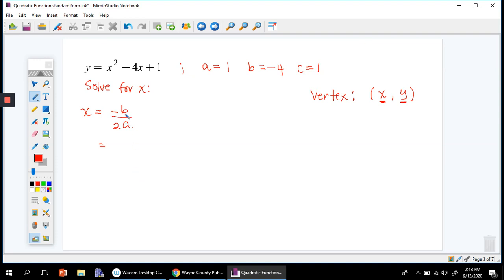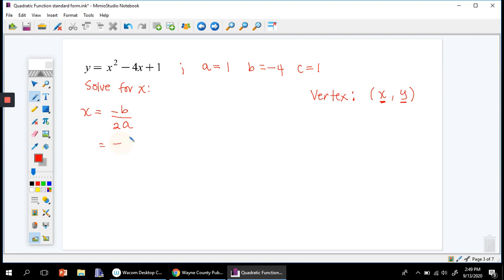So negative b here means negative of b. So if your b is negative 4, that will be negative of negative 4. And you can just simply say opposite of b. So if your b is negative, make it positive. And if your b is positive, make it negative, because we're getting the opposite of the value of b.